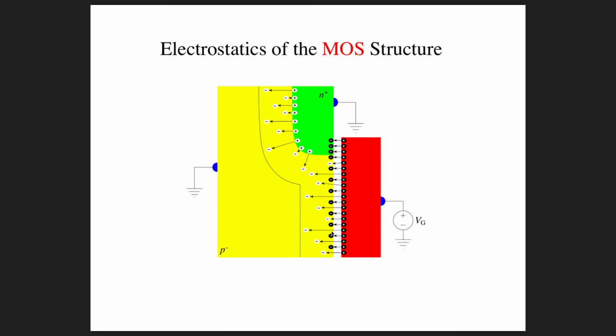So to explain that, we start out here at flat band, and the semiconductor type underneath the gate here is basically P, right? So we've got mobile holes which have positive charges right here underneath the gate.